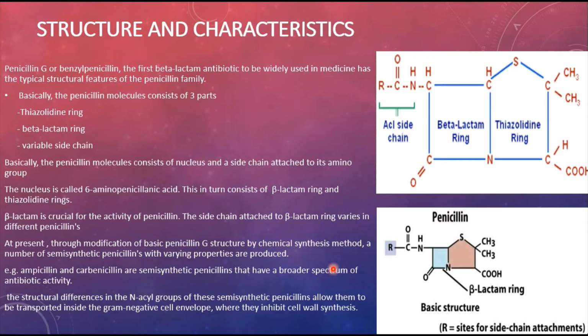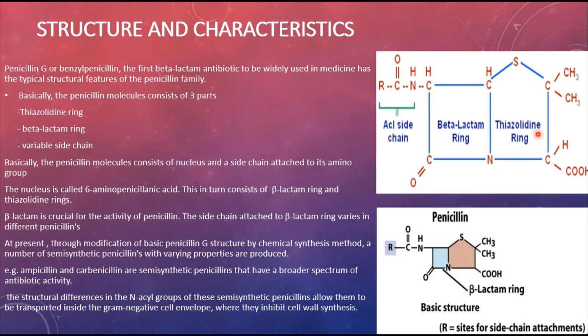Coming to the structure, penicillin G or benzyl penicillin is the first beta-lactam antibiotic to be used in medicine, and has the typical structural features of the penicillin family. Basically, the penicillin molecule consists of three parts. How many parts? Three parts.